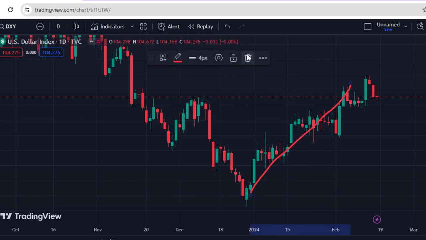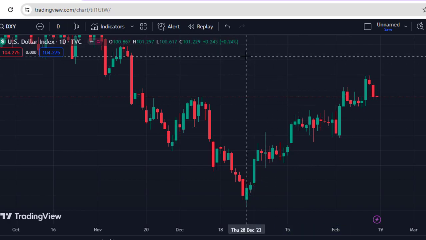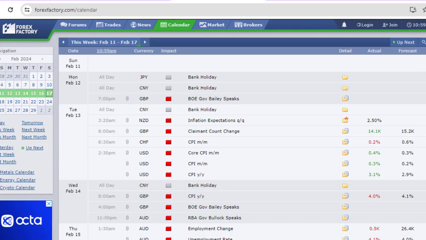Another thing you can also do to always stay ahead of the market is to always check the news. If you go to Forex Factory, which is one of the popular news sites out there for our Forex news and data, you come to forexfactory.com and go to the economic calendar right at this area. At this point, you see what happened in this very week.